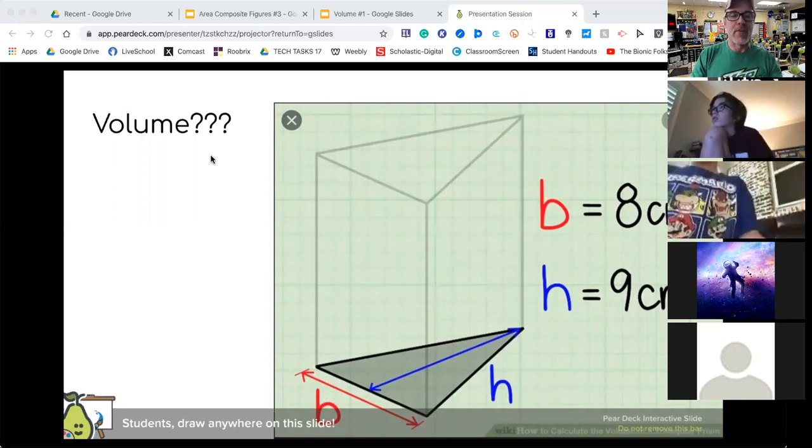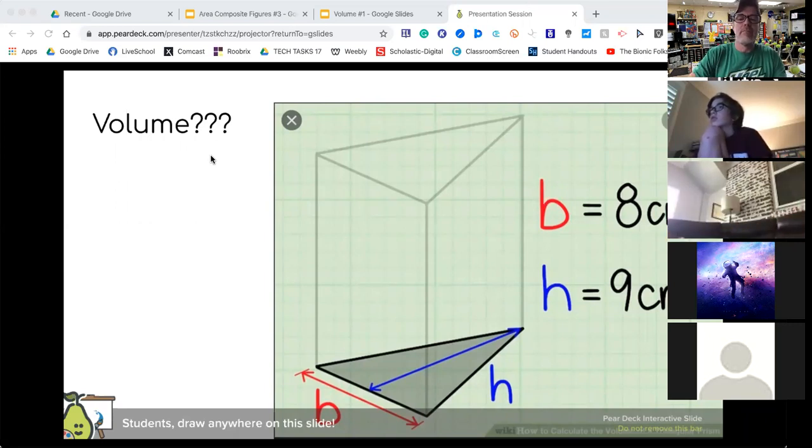We're now moving into volumes of other things besides rectangular prisms. Kayla, I like what you said there, that's interesting.